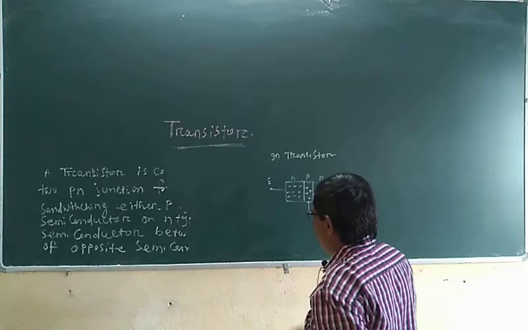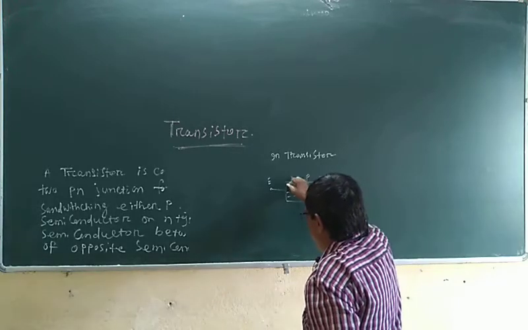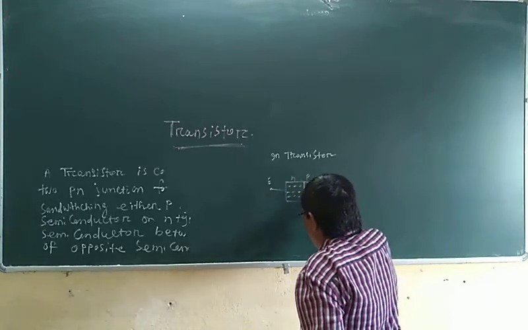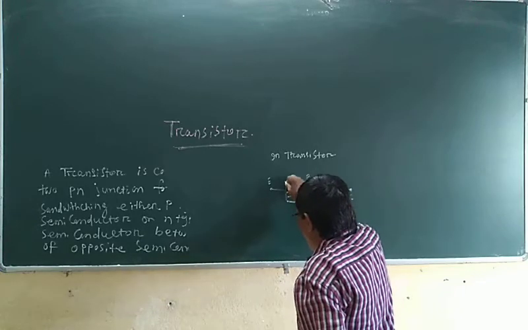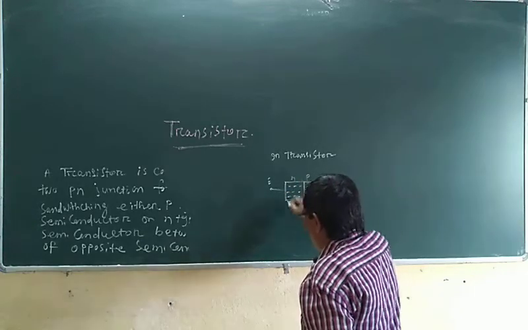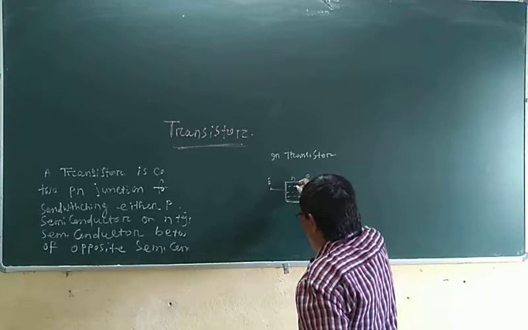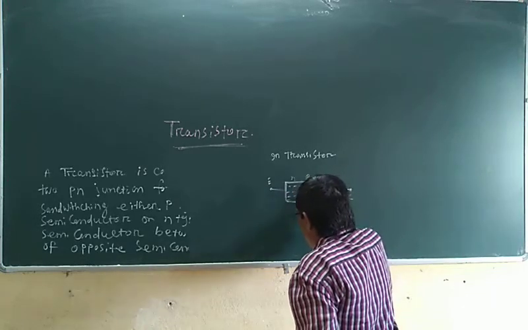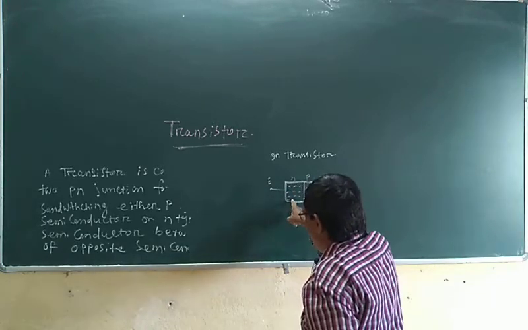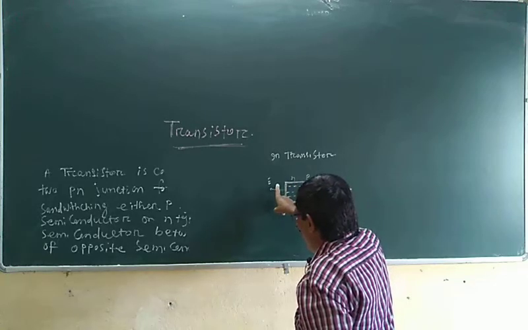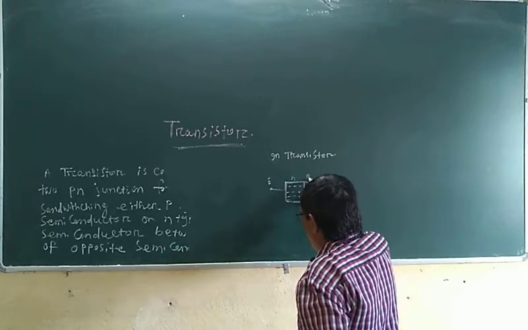Now in this transistor, when we apply external voltage to this PN junction, the emitter is the N type and the base is the P type.